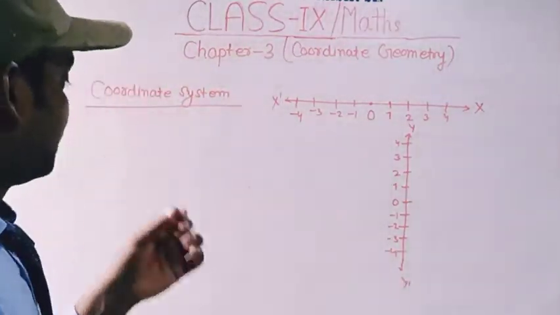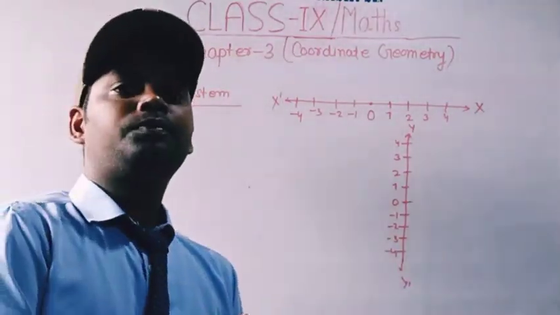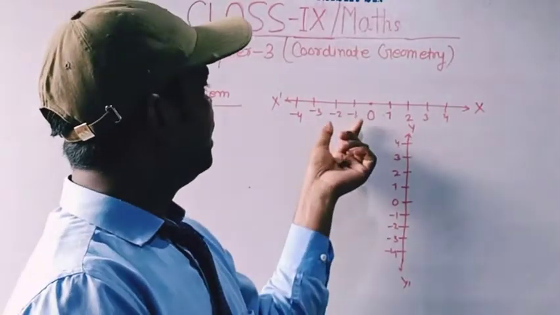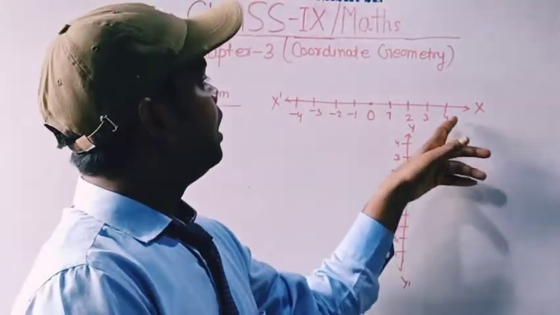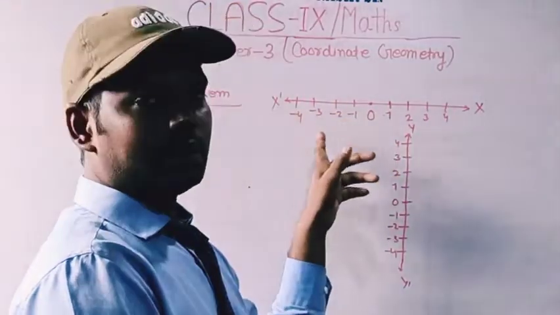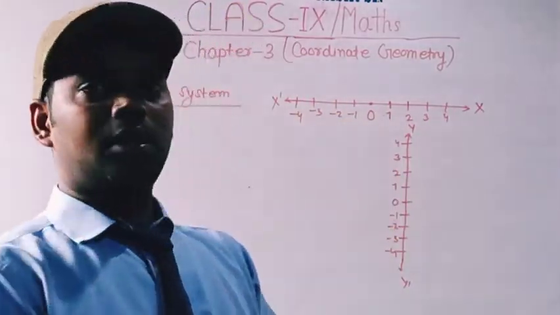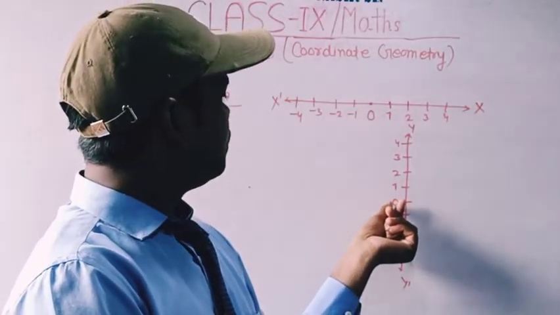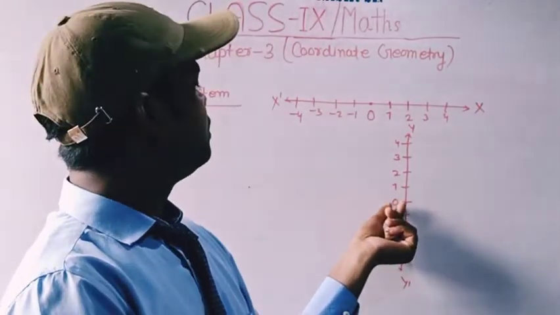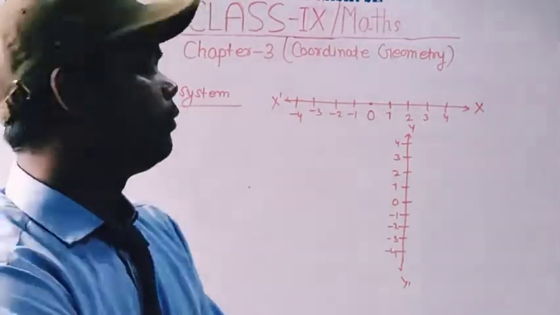Now combine these two lines, horizontal x dash and vertical y dash, in such a way that they cross each other at 0.